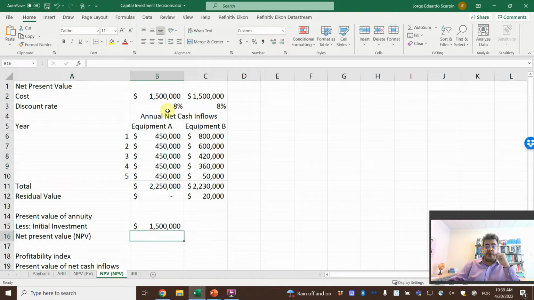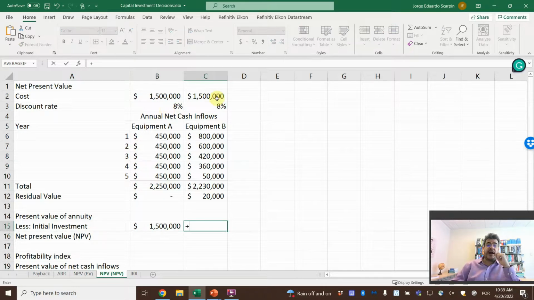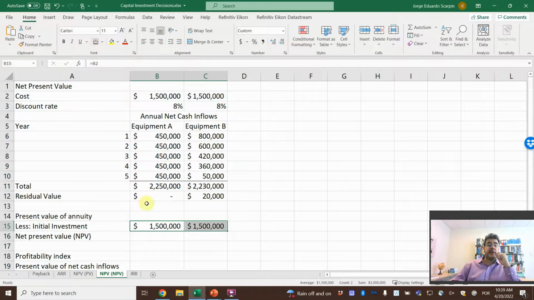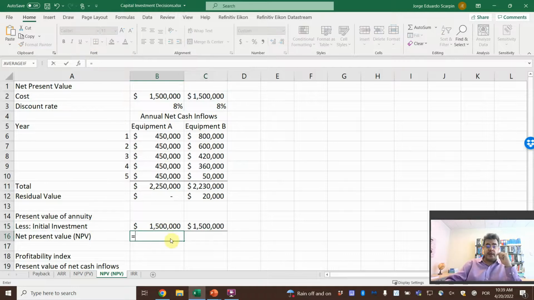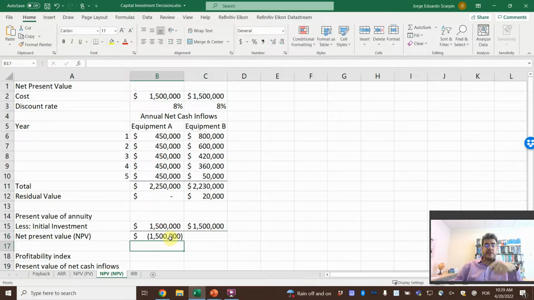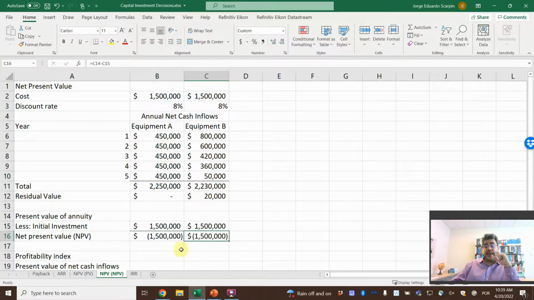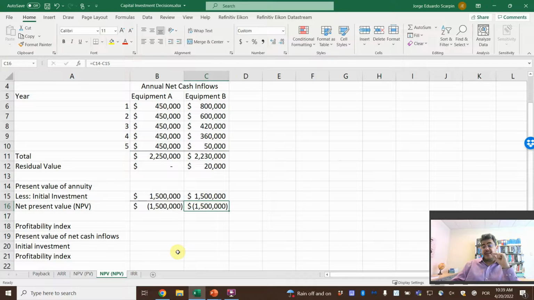The initial investment for both is $1.5 million, and the net present value, let's make it pretty, is the present value minus the initial investment, so negative $1.5 million for both. And we have another easy way, that is the profitability index.